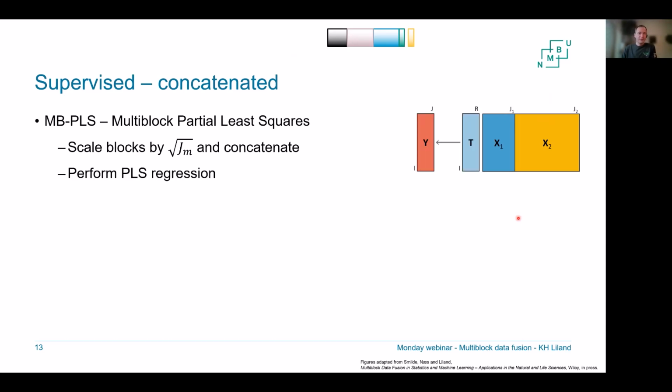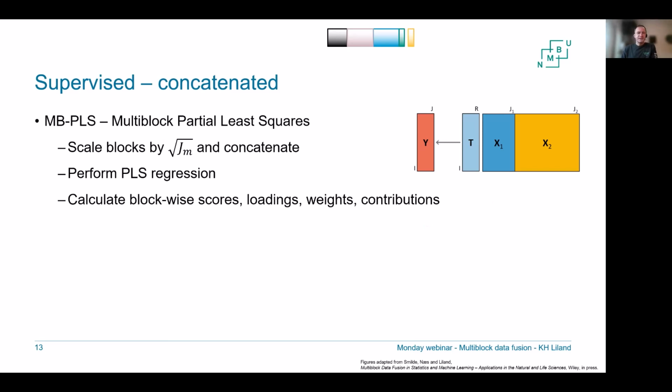And then we perform a PLS regression. So we have our target Y here. We get our scores, and we get our loadings, and we get our loading weights, everything from this first PLS here. And then we can afterwards post-process these to get our blockwise scores, blockwise loadings, blockwise weights, and also the contribution from each of the different blocks to the global model.